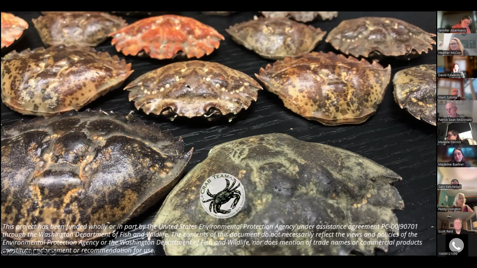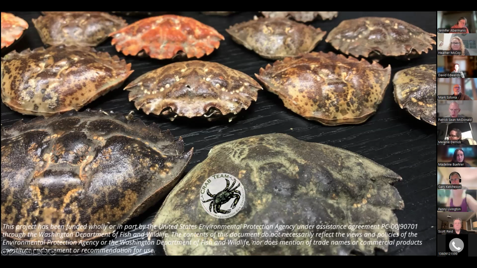is a more diffuse program. I'll see if I have any slides on that here. But that one is one where anyone can participate in the Molt Search protocol. It's an app-based protocol.